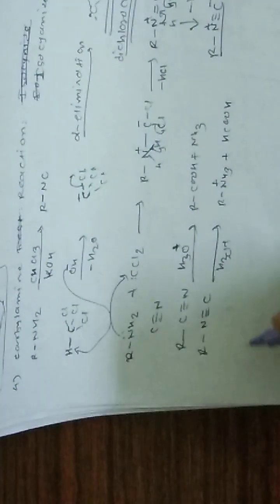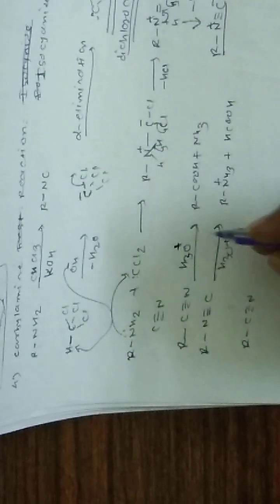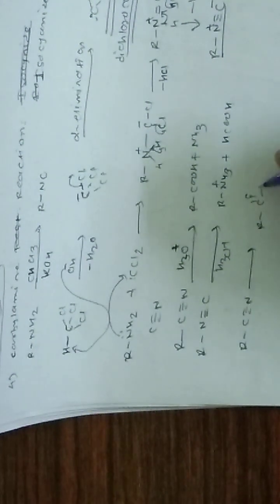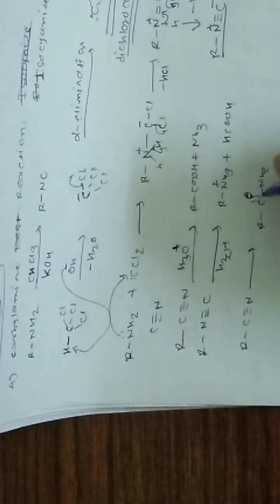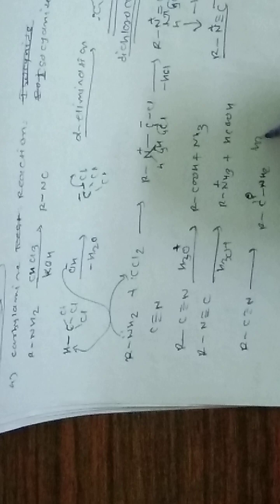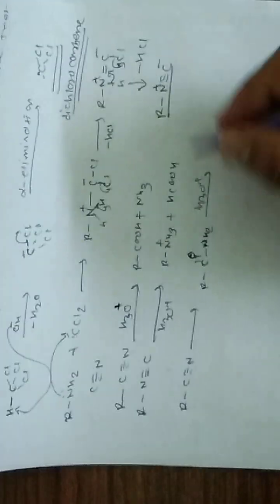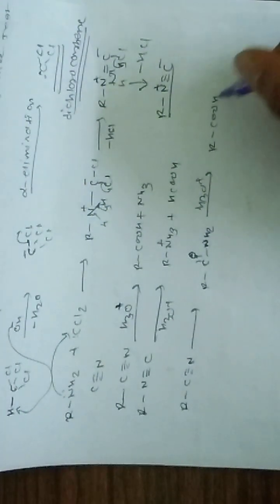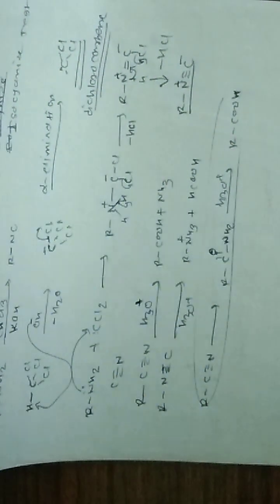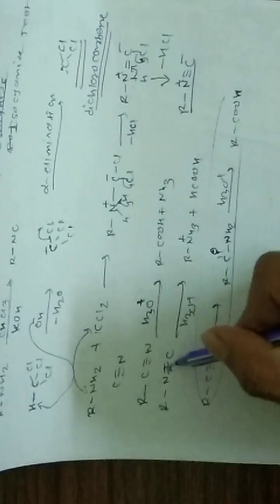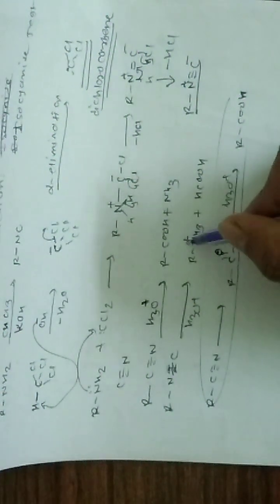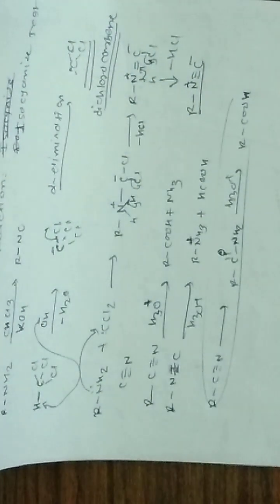But in the partial hydrolysis of cyanide, partial hydrolysis means only two bonds are hydrolyzed, it gives amide, and after further hydrolysis it will give acid, RCOOH. But in that reaction we are not concerned with this, we want only isocyanide. So see here, after hydrolysis isocyanide gives RNH2 plus formic acid.